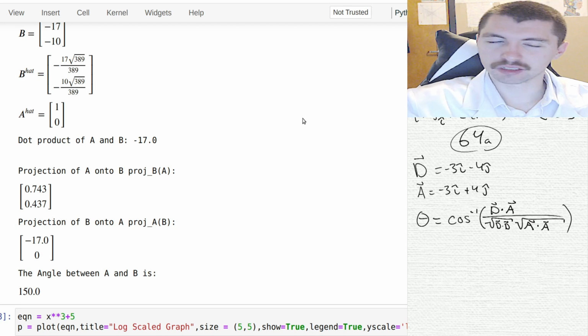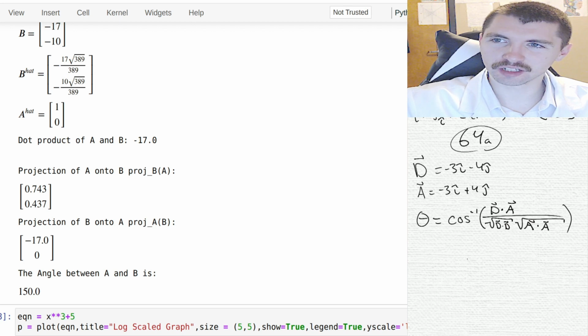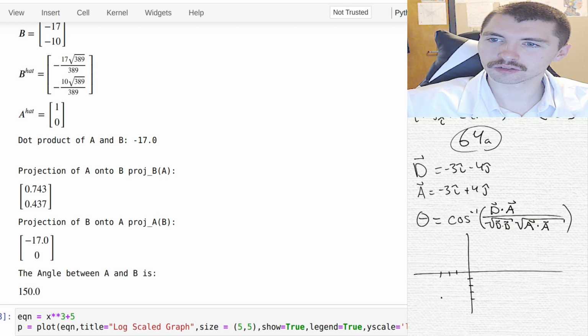I could either ask ChatGPT to check my code, but I can also just check it analytically or geometrically. So we have -3, 1, 2, 3, 4, and -3, 1, 2, 3, 4.